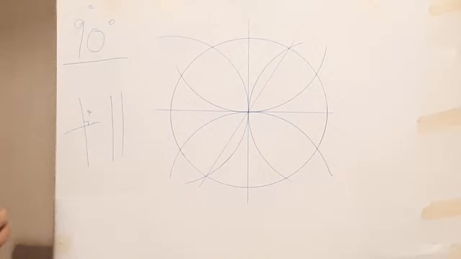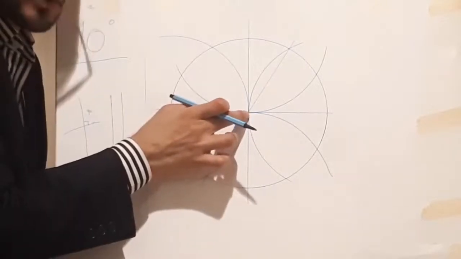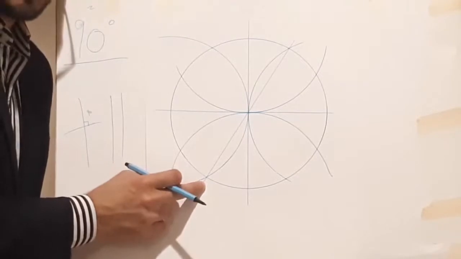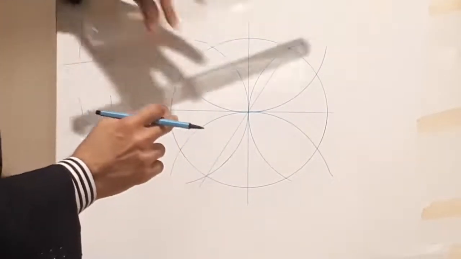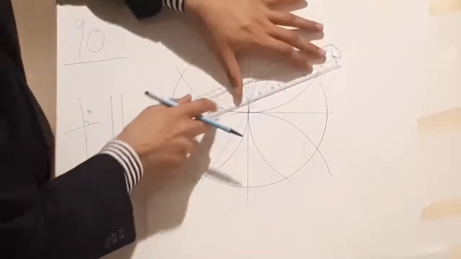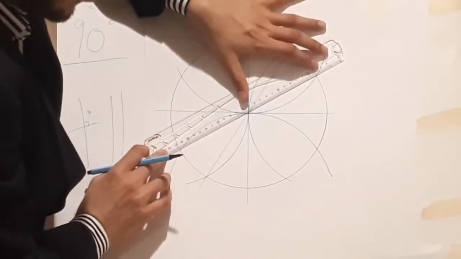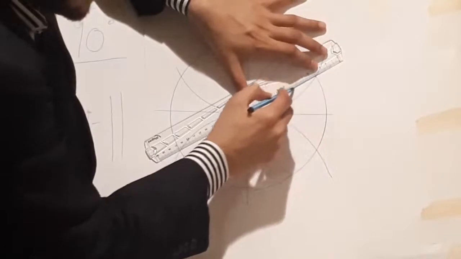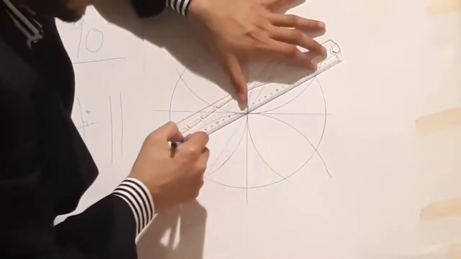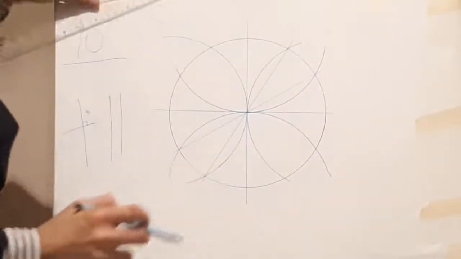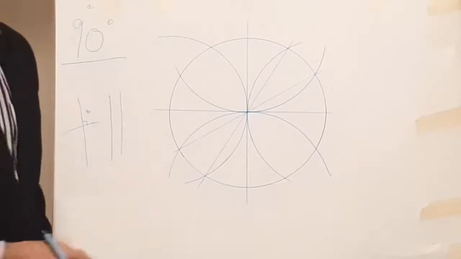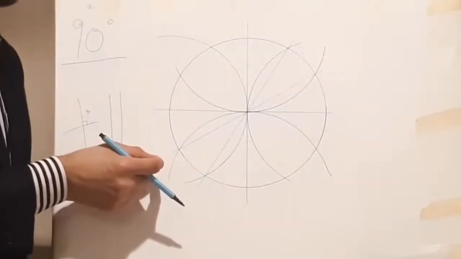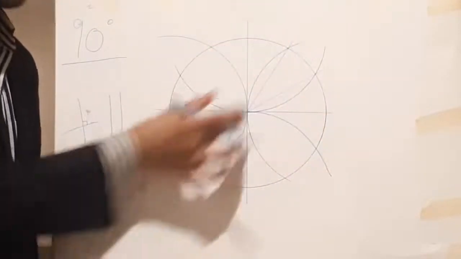From this point to the origin to the third point. Moving on, you will draw another line which will pass through this point, origin, and the third point. So it's like you are just making an X at this particular area.